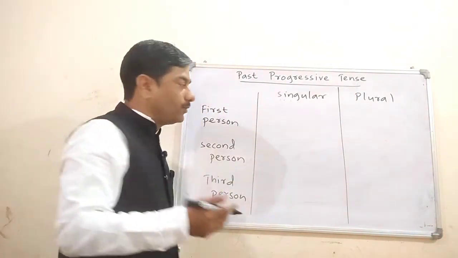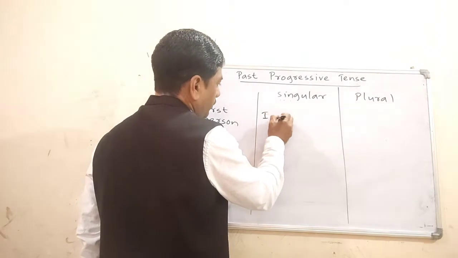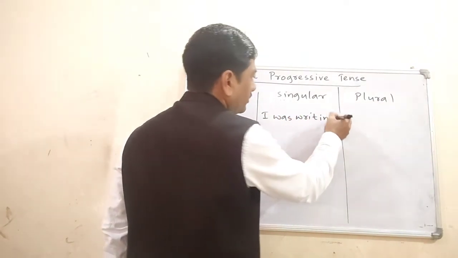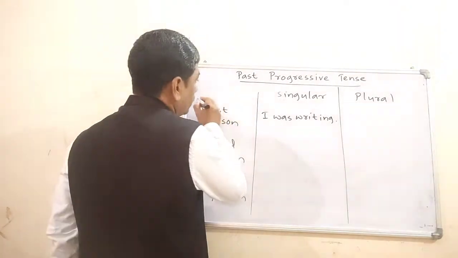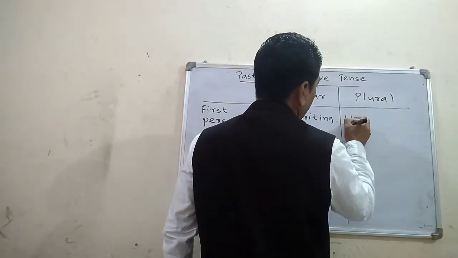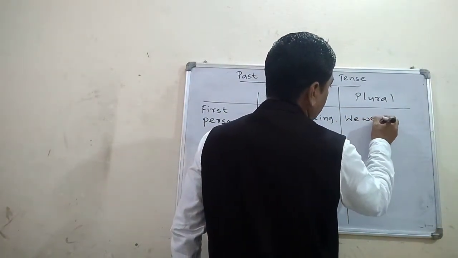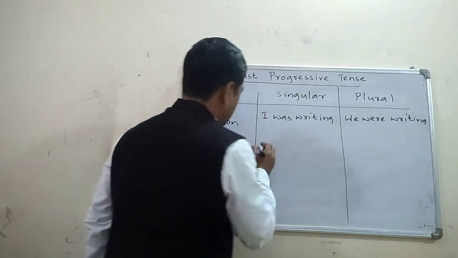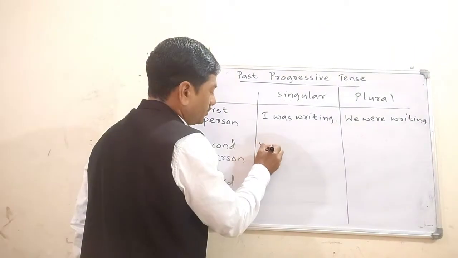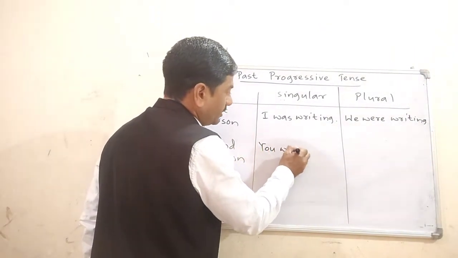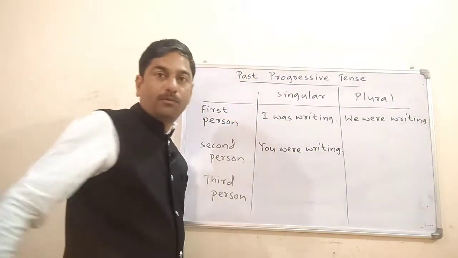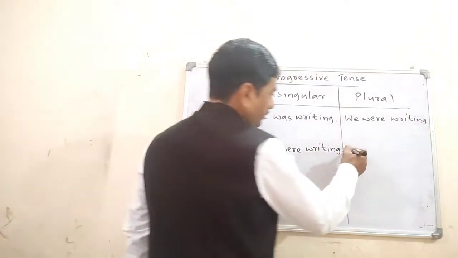So I was writing. Then its plural is we were writing. Second person singular, you were writing. Plural same, you were writing.